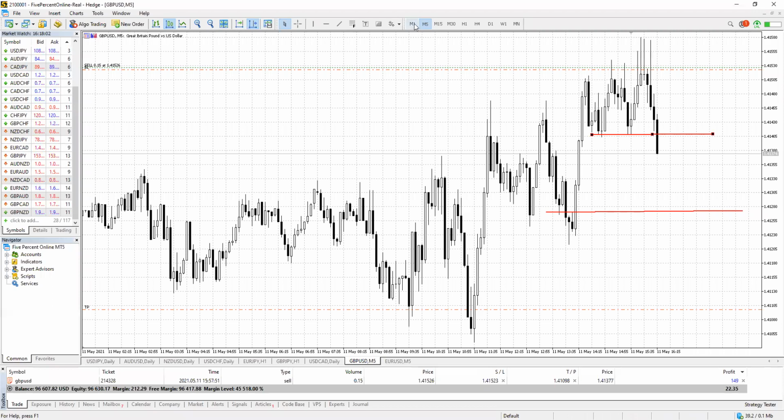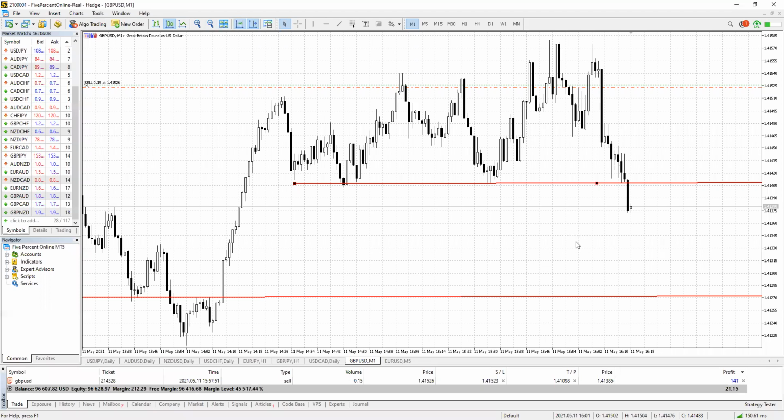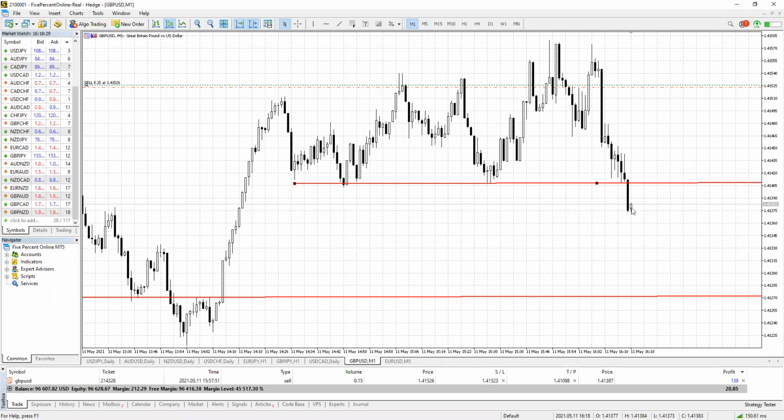Okay, breaking now, good for us. Now, if this is going to be a true break, we need to see continuation now. A second candle of break to the low side, and then this would form a tiny supply. So it's very important that this candle or the next one follow through to the downside.